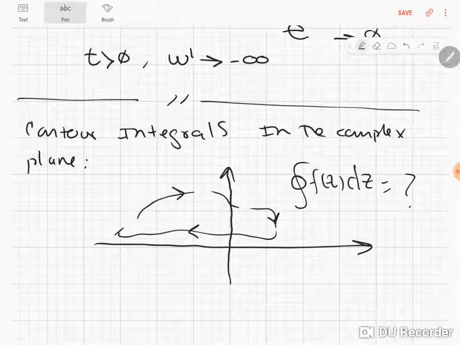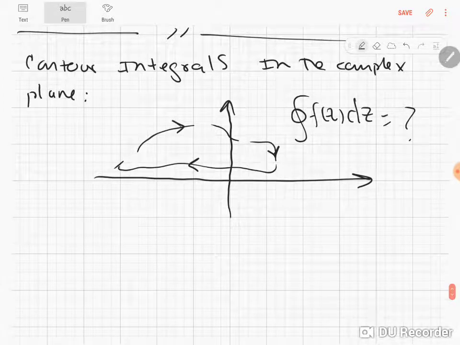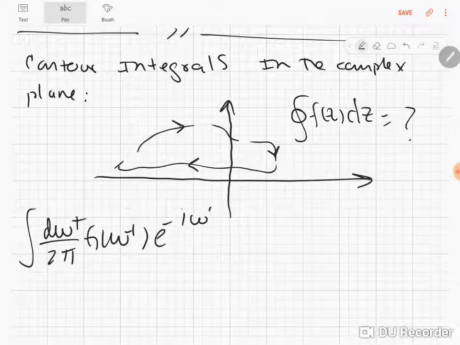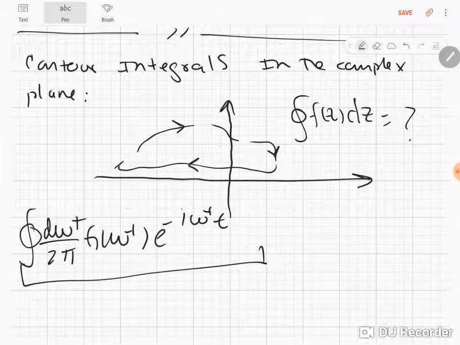Of course we know that what we have is the integral of d omega plus divided by 2 pi g of omega plus e to the minus i omega plus t. So what we want to do is to check what is the best closed contour in which we can evaluate this integral.